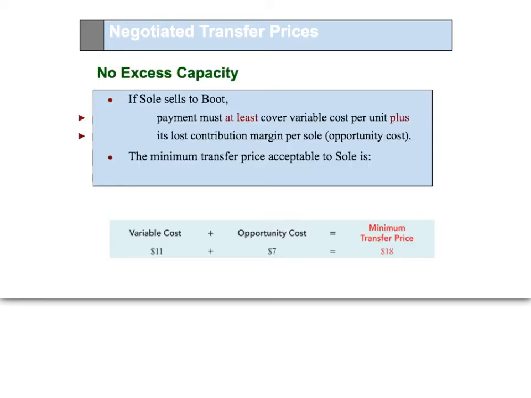Well, if the sole division sells to the boot division, the payment must at least cover its variable cost plus its lost contribution margin per sole, because keep in mind it's selling to the outside world at $18 and it costs them $11. The minimum transfer price then would be the variable cost plus the opportunity cost from selling to the outside world. So they would transfer to the boot division at $18.